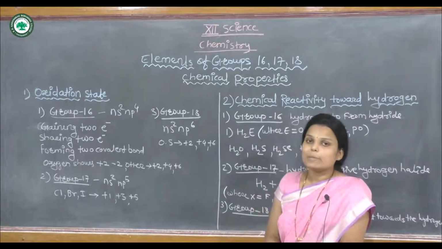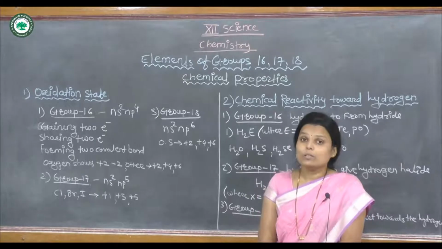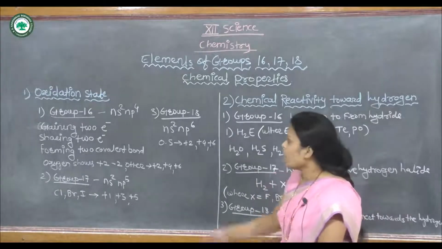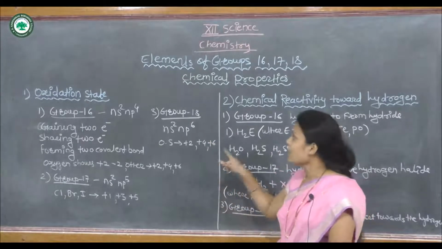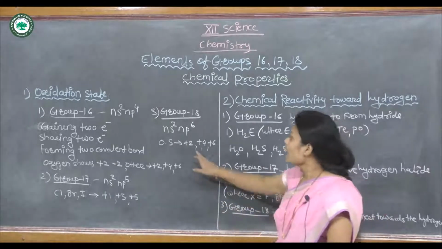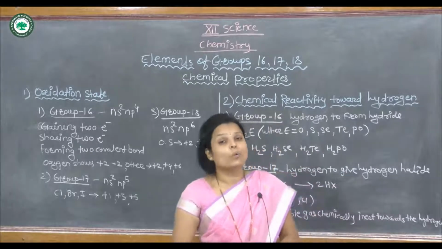The elements are helium, neon, argon, krypton, xenon and radon. All of these are stable elements present in group 18, and their oxidation states are +2, +4 and +6, and they react with the fluorine molecule.